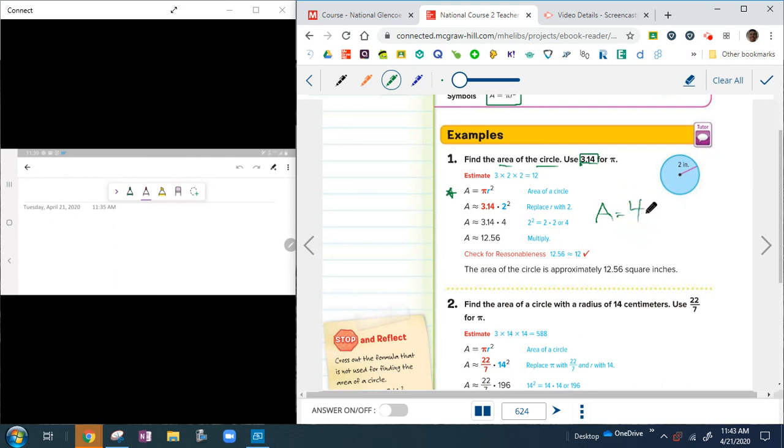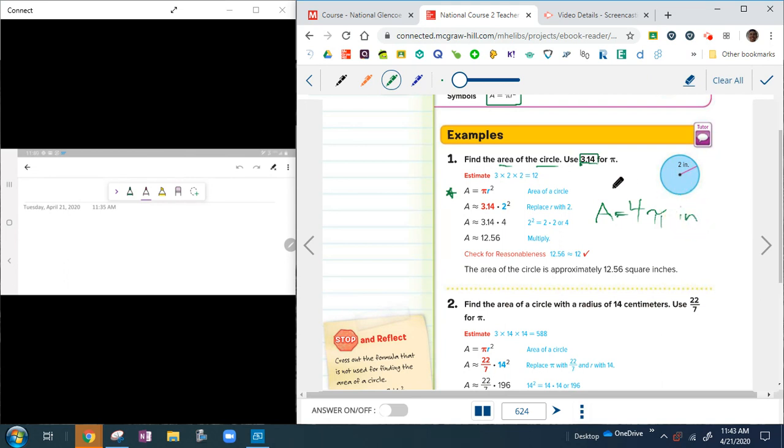And instead of writing 3.14 and multiplying, you would just let the pi symbol chill there. And then you can leave the equal sign there, because now you haven't done anything to approximate. It's 4 pi is the actual answer. 4 pi, in this case, inches.